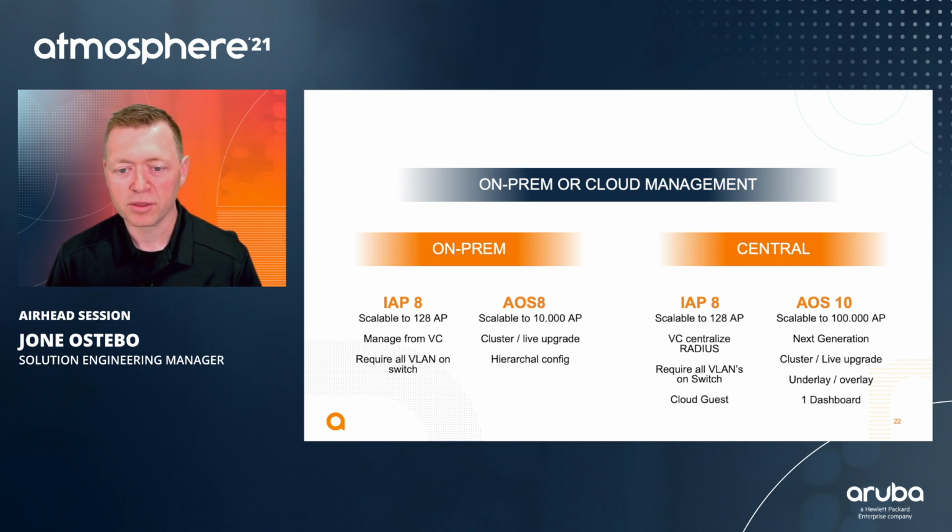We'll come back to some of the new features we have here. We're still able to use one dashboard where you're managing everything from your small branch, your SD-WAN, your large enterprise campus, your remote access for home users, your remote access for VPN. All of it will be managed from one common management platform.